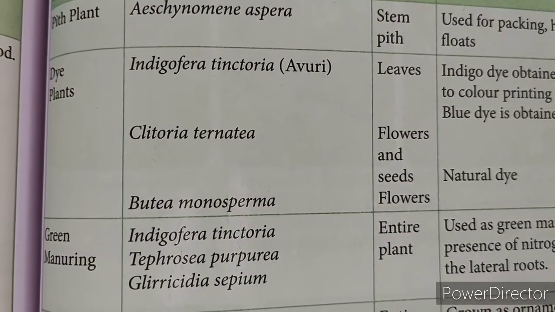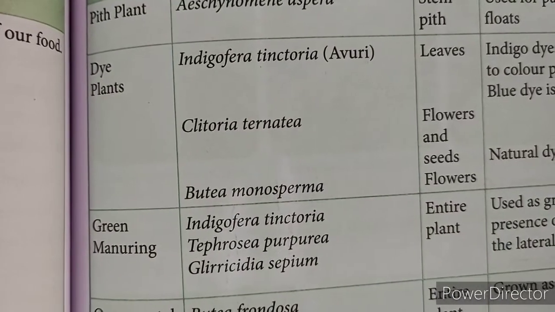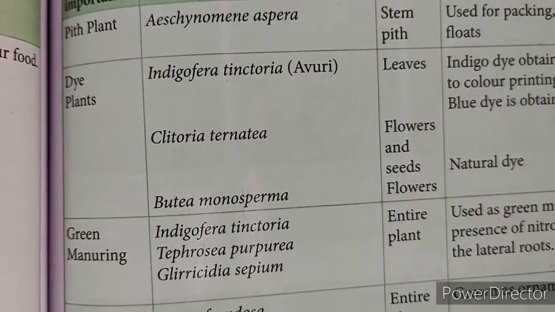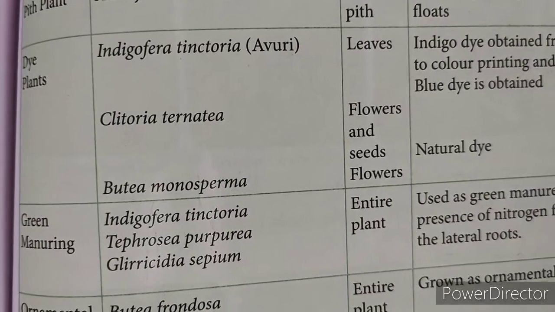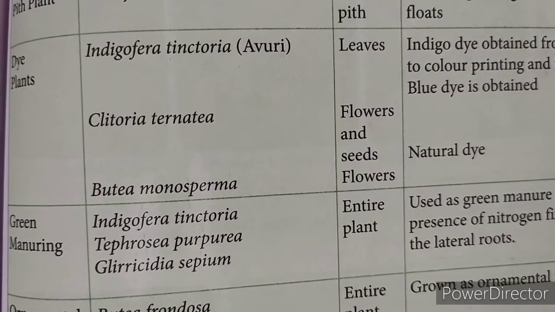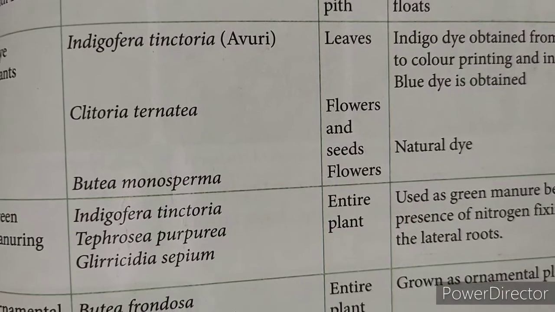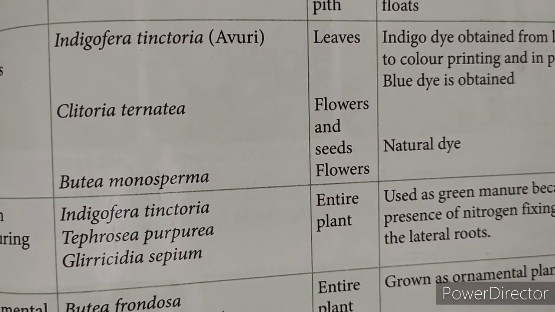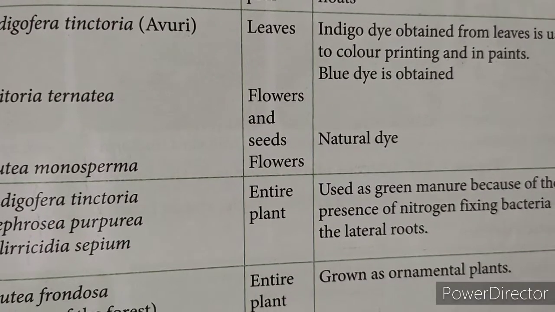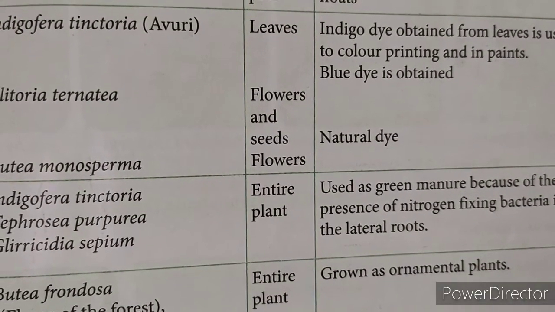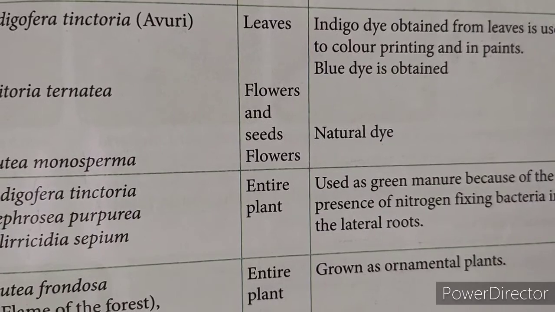Next use is dye plants. The plant which gives dye from this family Fabaceae is Indigofera tinctoria, commonly called avuri. The leaves of this plant produce a blue color dye.